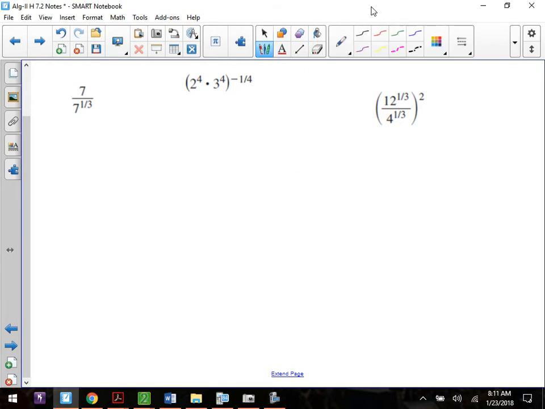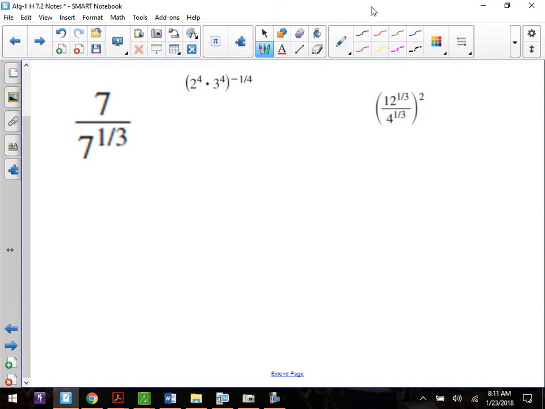So here's a little trick. On that first one, we have 7 over 7 to the 1/3. They both have the same base, 7. But we have to figure out who has the larger exponent. Now, the 7 in the numerator doesn't have an exponent, or does it?